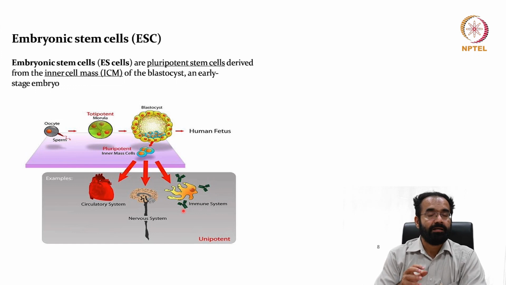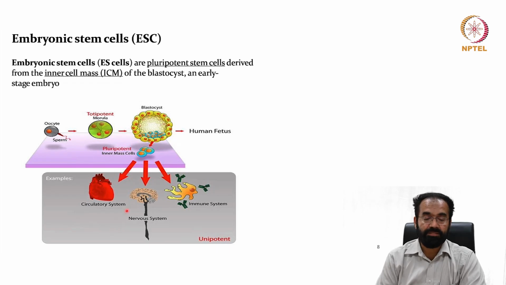It means it is less capable of giving rise to all cell types. So it has moved away from pluripotency, but it is not differentiated either. So that is what you should understand: circulatory system cells, nervous system cells, immune system cells, are a group of cells which can be seen in the early embryos also.